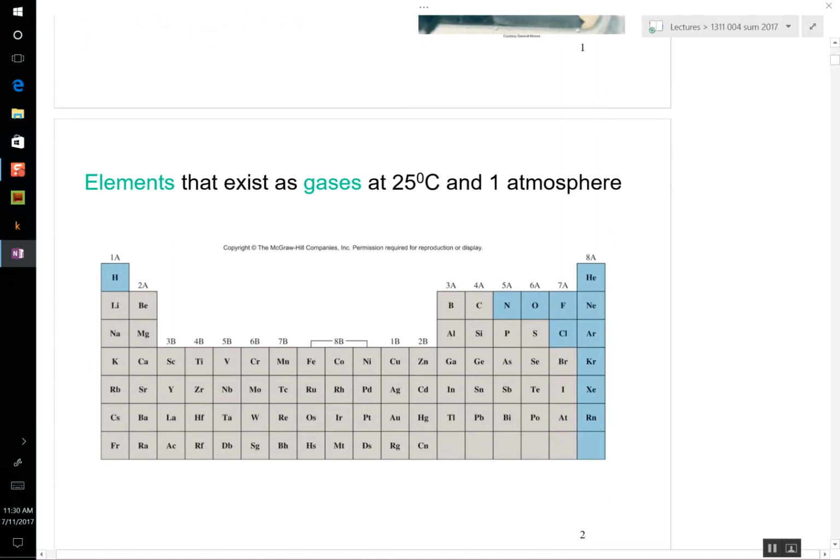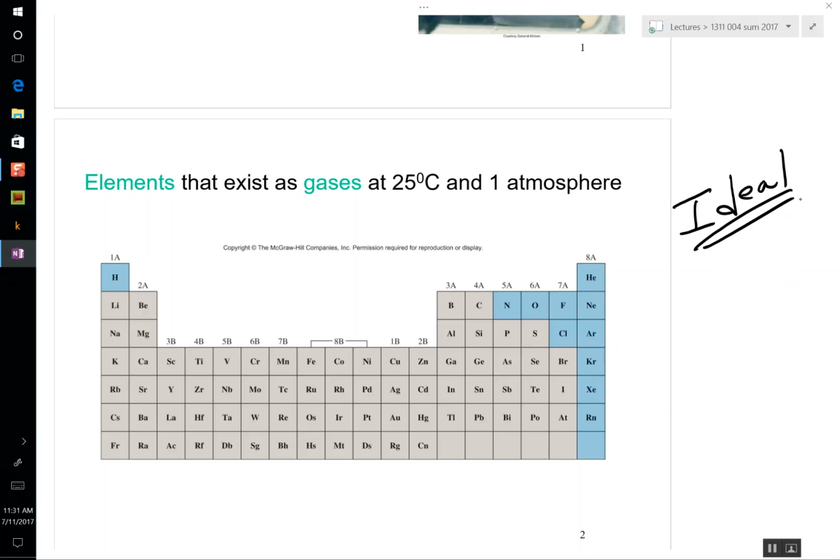Just quickly, you can see in blue, or in red on this periodic table, the elements that exist as gases at room temperature. Nitrogen, oxygen, helium, neon. Now, some of those are what we would call ideal gases. Their behavior will pretty accurately follow the laws that I introduced to you.